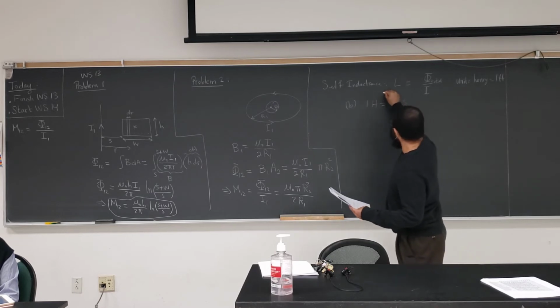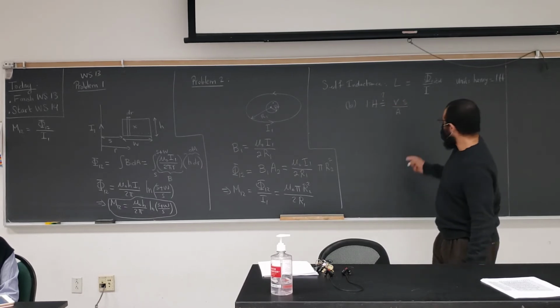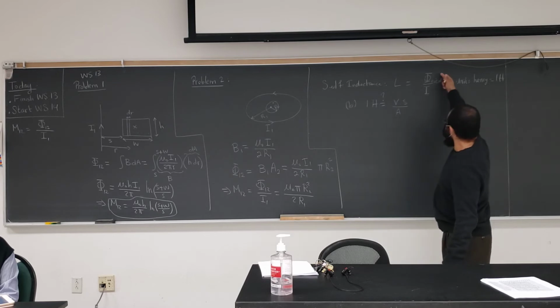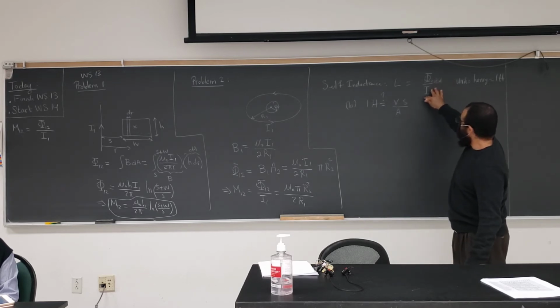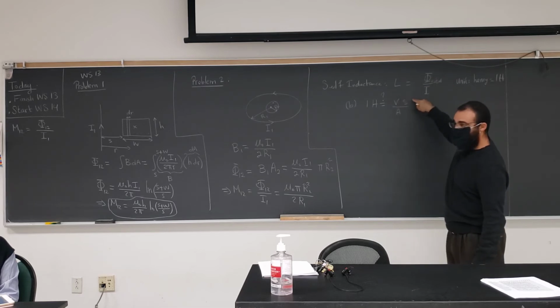So is a Henry equal to a volt times second per ampere? Well, we need to look at this. First of all, what are the units of current? They're amperes. So if the flux has units of volts times second, then we're good to go.